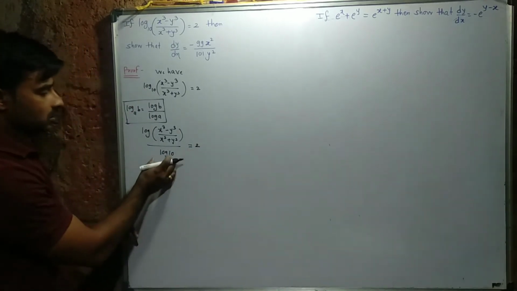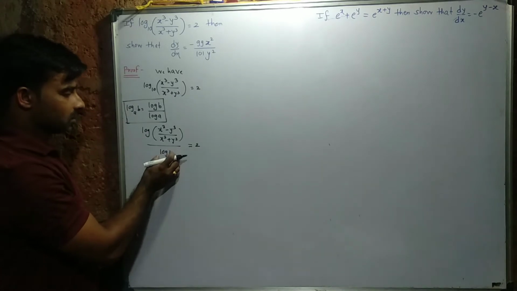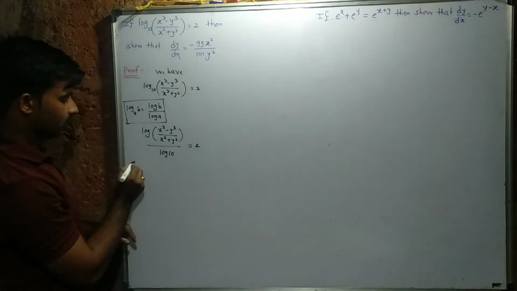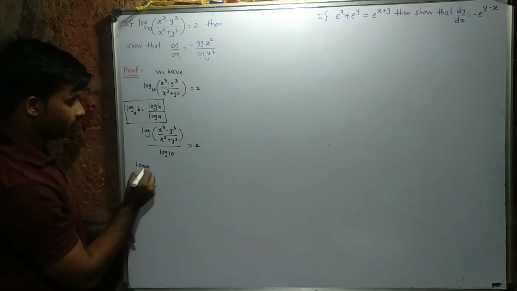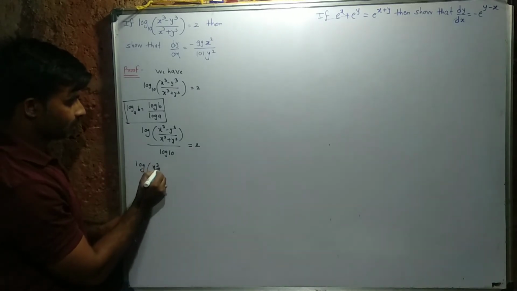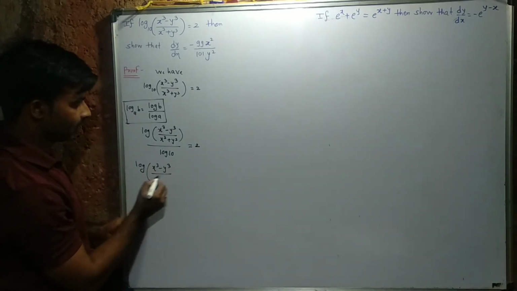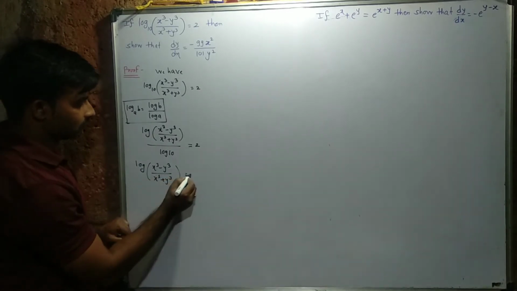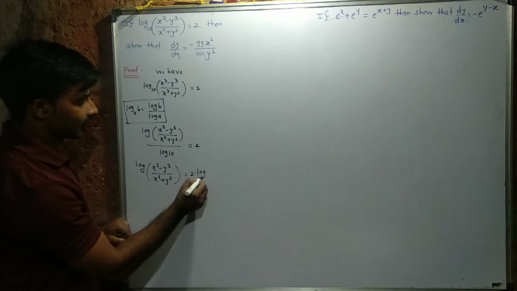Then this log of 10 is divided here, so it is multiplied. We will get log of (x cube minus y cube) divided by (x cube plus y cube) is equal to 2 into log 10.